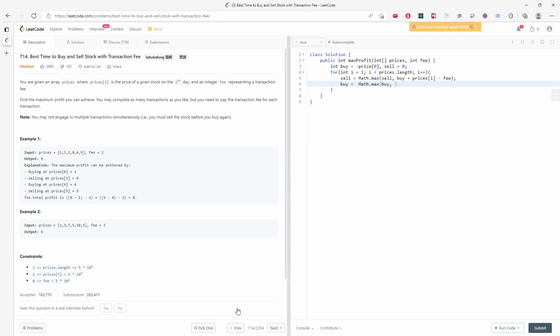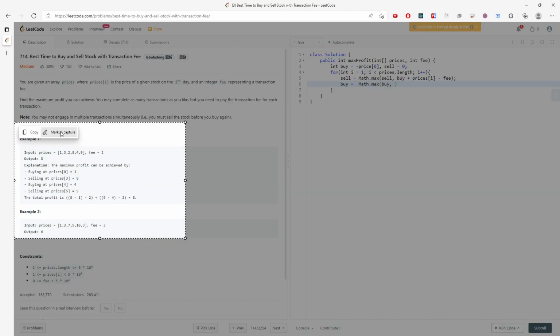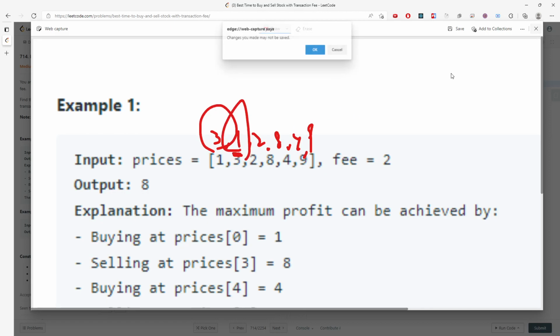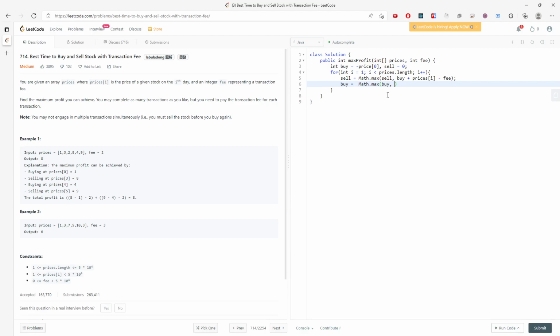For example, the price array is 3, 1, 2, and then 8, 4, 9. I assume I buy the first one, but the following day it's lower, so you definitely buy at $1 instead. This is a good investment. If you still think about $3, you probably will lose a lot of money. So if you want to buy again, you have to use your profit.